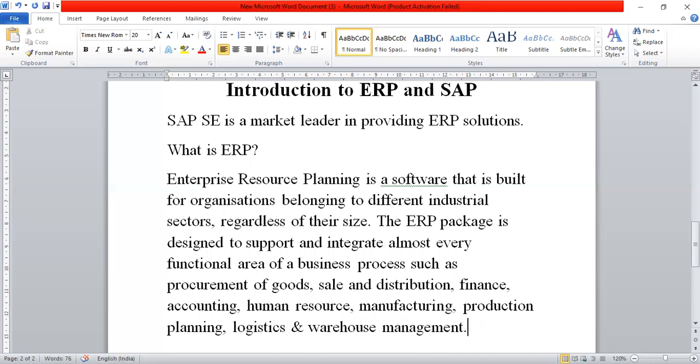It means there will be coordination among all those functions, and there will be a sharing of data among them. If there is no sharing of data among all those functional areas, then the organization cannot run successfully. So that's why this ERP software enables the organization to have very good coordination among all the departments.